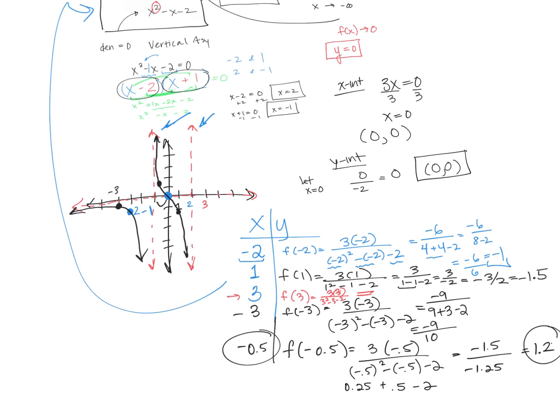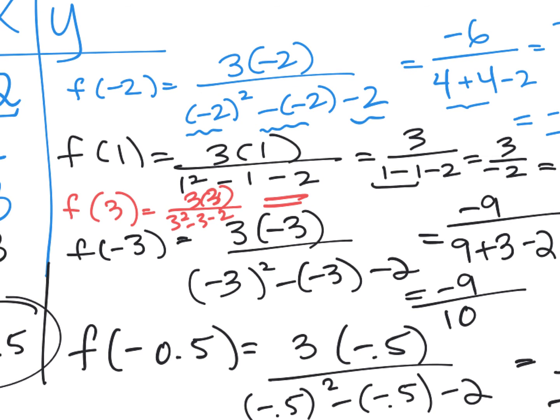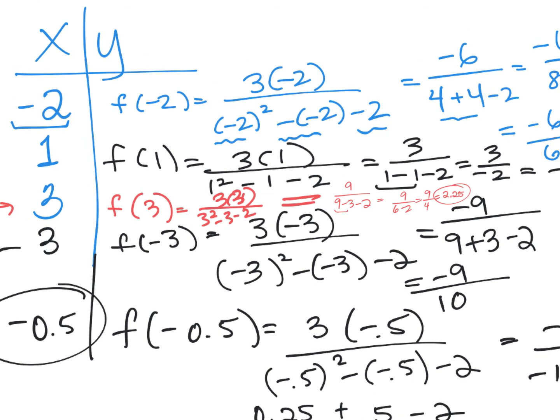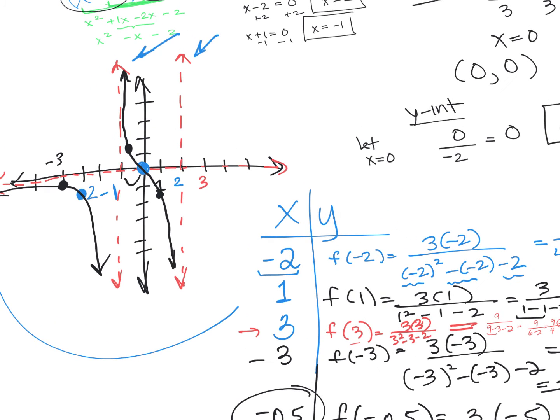It's going to be 9 over 9 minus 3 minus 2. That's 9 over 9 minus 3 is 6, minus 2 is 4, so we'll get 9/4, which is really 2 1/4 or 2.25 if you like that better. So again, you're plugging in a 3 and you're getting 2.25. So when I plug in a 3, I'm at 2.25.